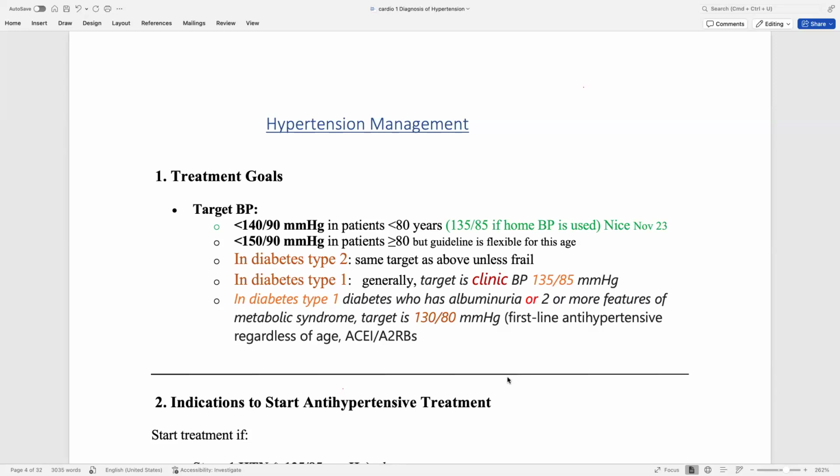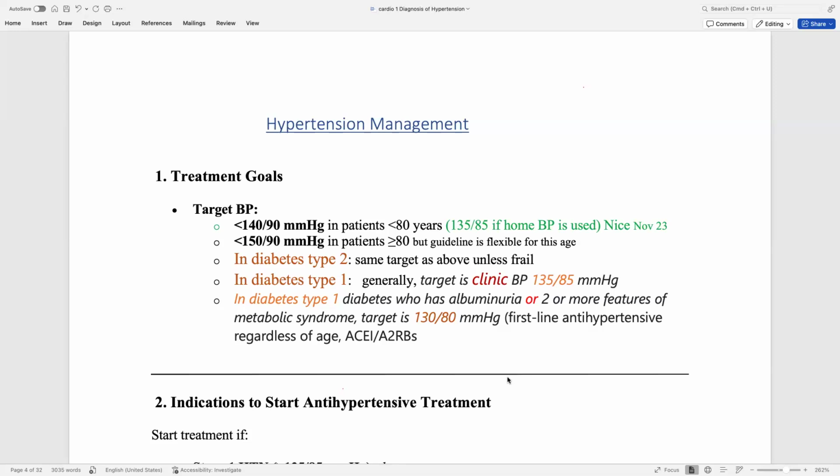In diabetes type 2, the same, unless the patient has multiple comorbidities, a frail patient. In diabetes type 1, the target should be the clinic target like the home target of the others, because in type 1 there is a severe risk for target organ damage.